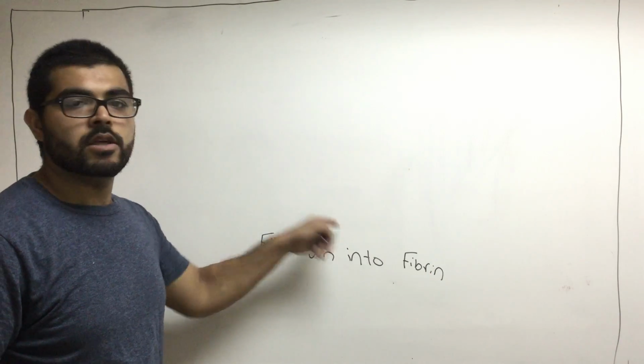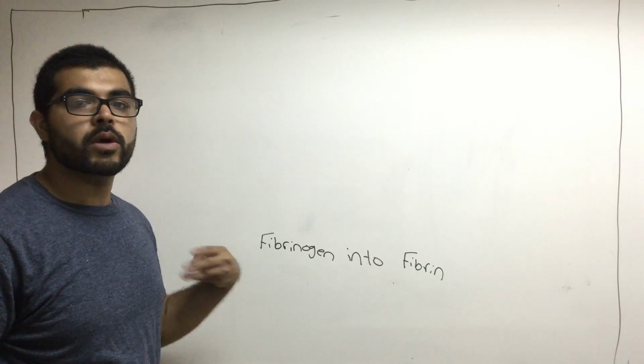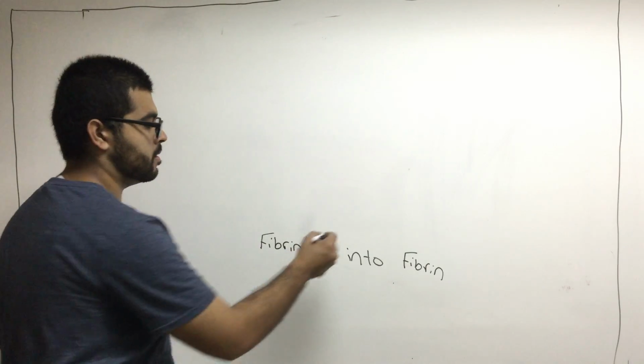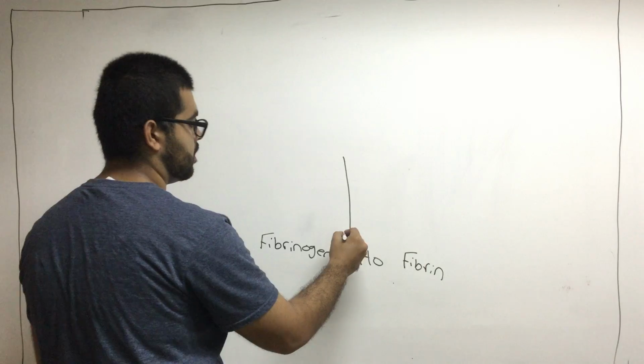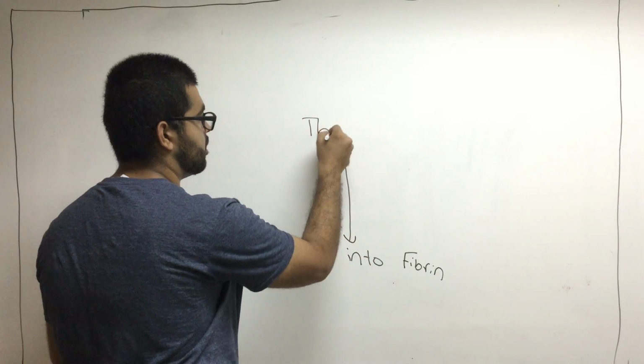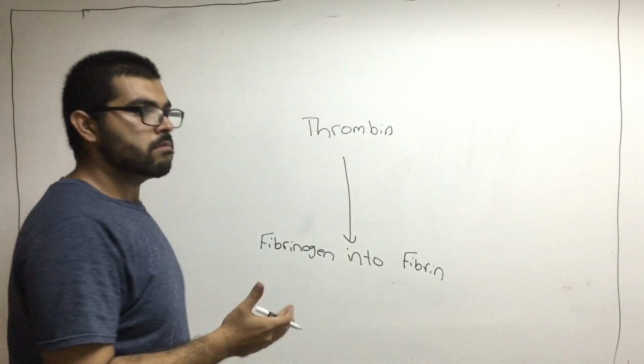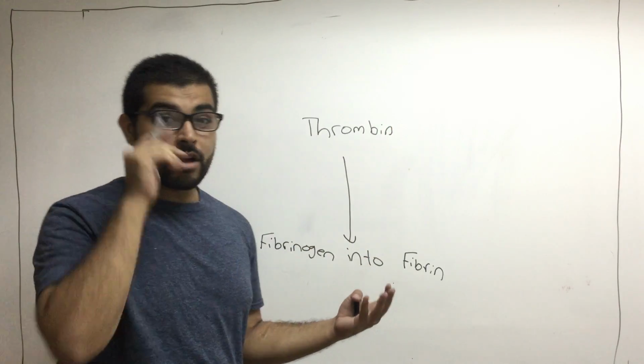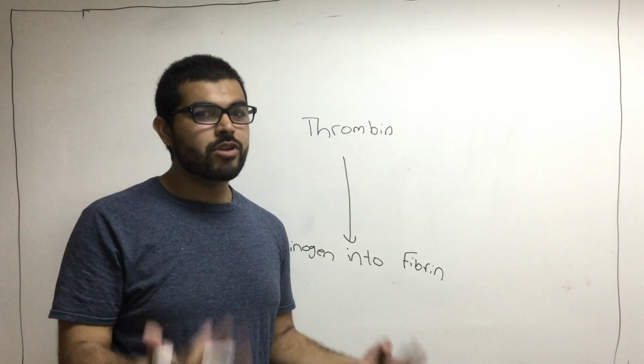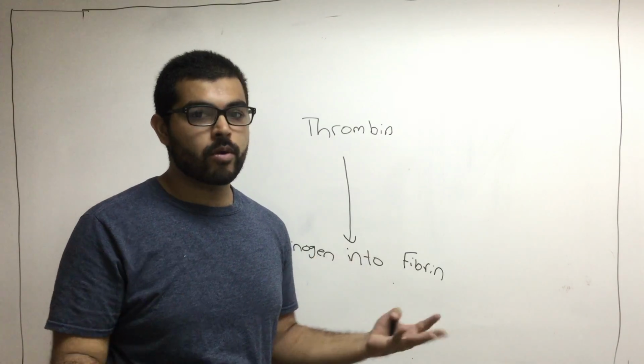But to do this, what do I need? I need thrombin. Well, that's the next dilemma. Is thrombin always in the active form? No, it's in the form of your prothrombin.